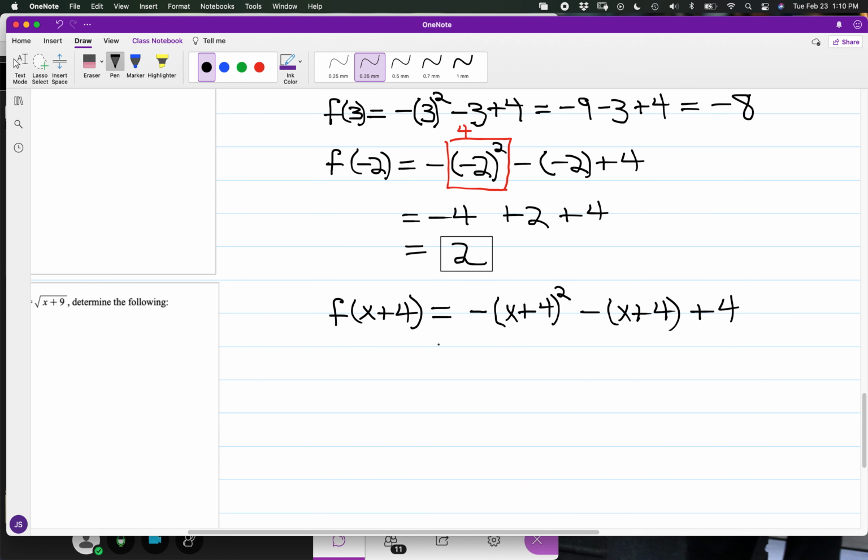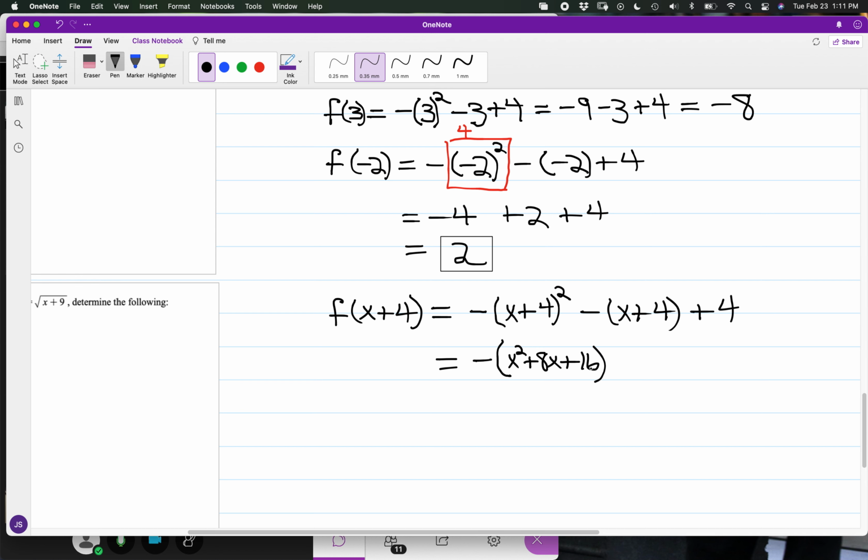Okay, and for what we have, again, I got the negative. Now if I go ahead and square out x plus 4, or x plus 4 times itself, we have x squared plus 8x plus 16.